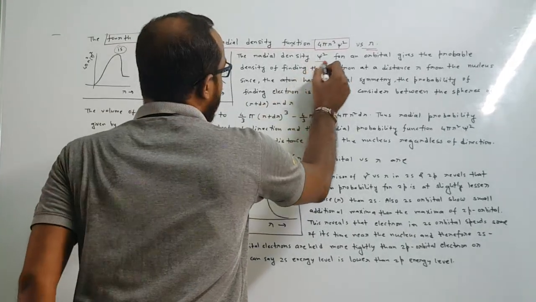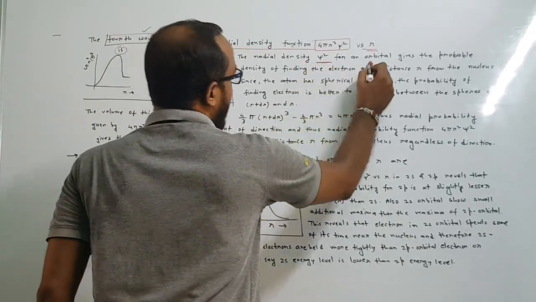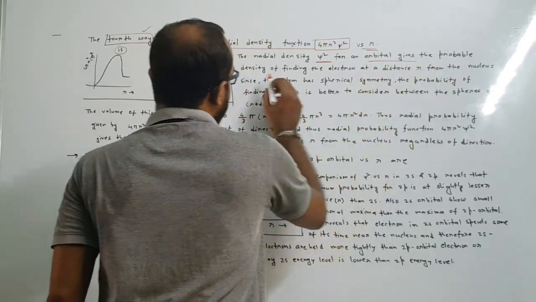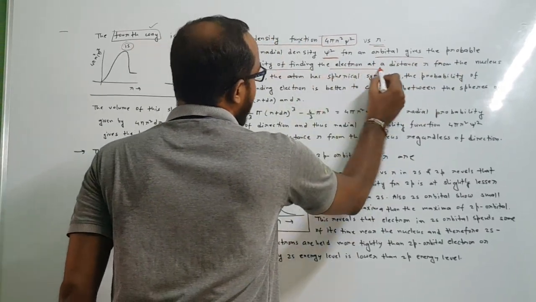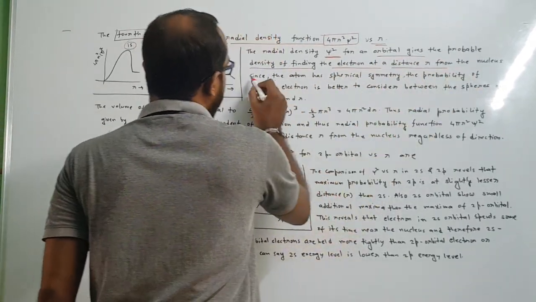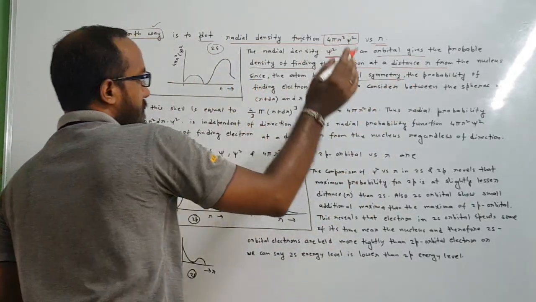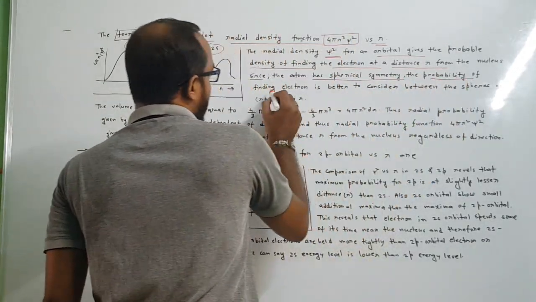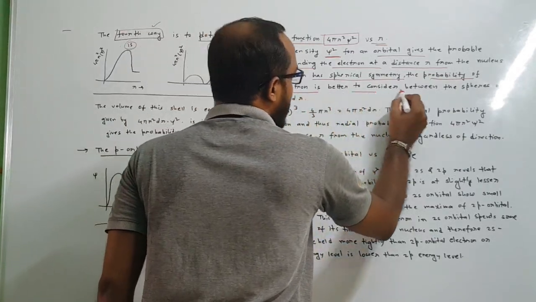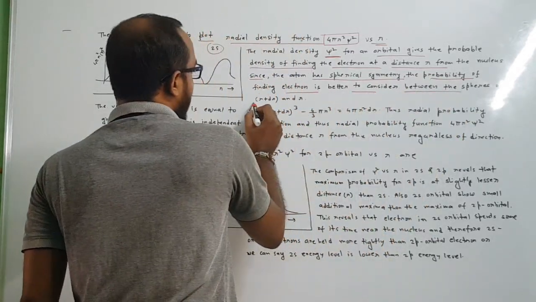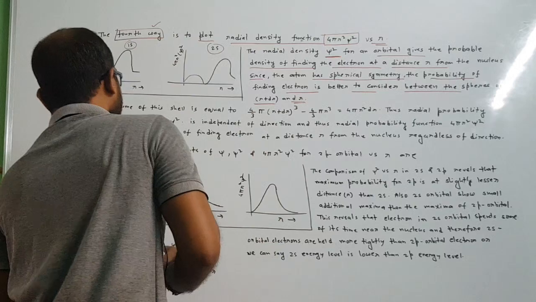The psi square for an orbital gives the probable density of finding the electron at a distance r from the nucleus. Since the atom has spherical symmetry for 1s, 2s, 3s, it is better to consider the probability of finding the electron between the spheres of r plus dr and r.